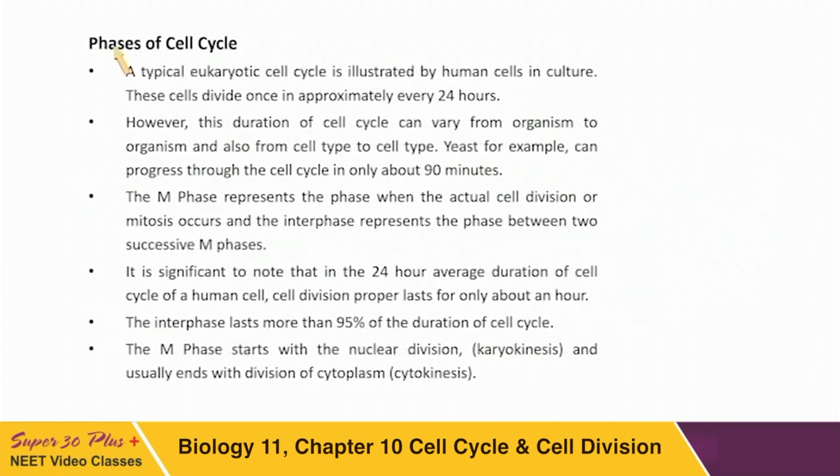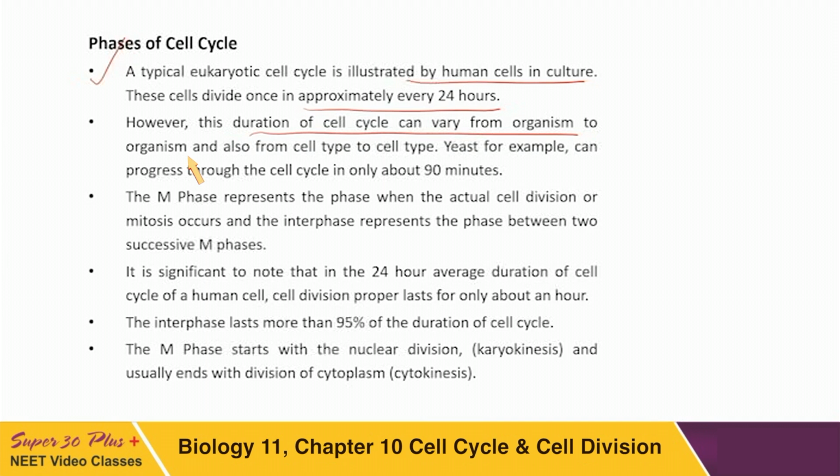Right? Come to the next, now we have to see the phases of the cell cycle. A human cell in culture has a cell cycle of approximately 24 hours. However, the duration of the cell cycle varies from organism to organism.